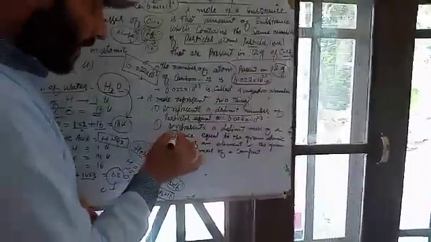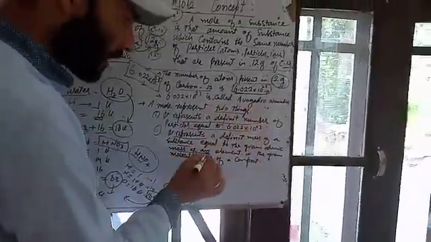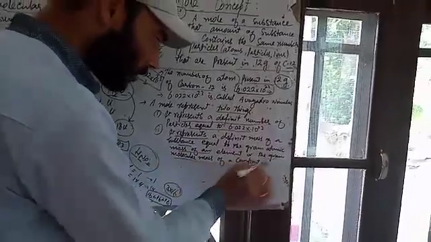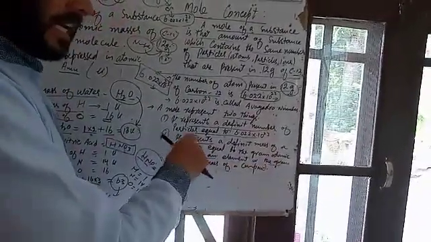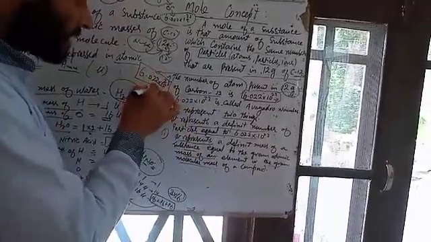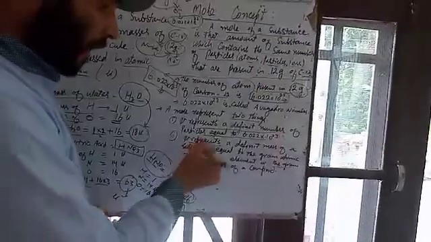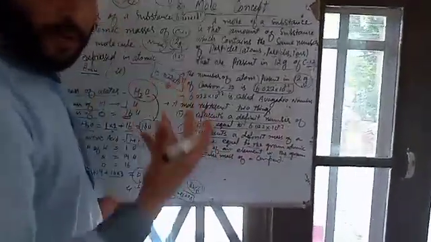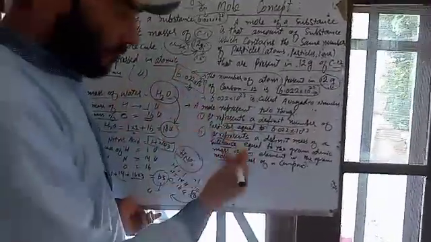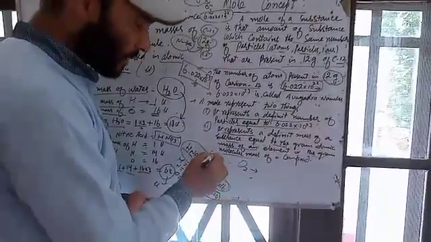Number two, it represents a definite mass of substance equal to the gram atomic mass of an element or the gram molecular mass of a compound. What does it mean?